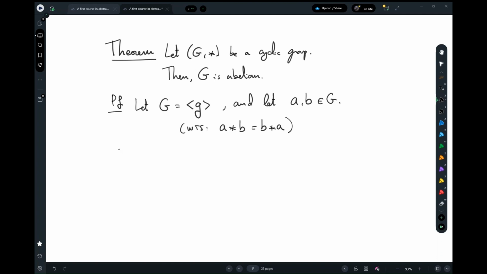Since a and b are in G and G is cyclic, we have that a must be some power of g, and b must be some power of g as well, for some integers m and n.